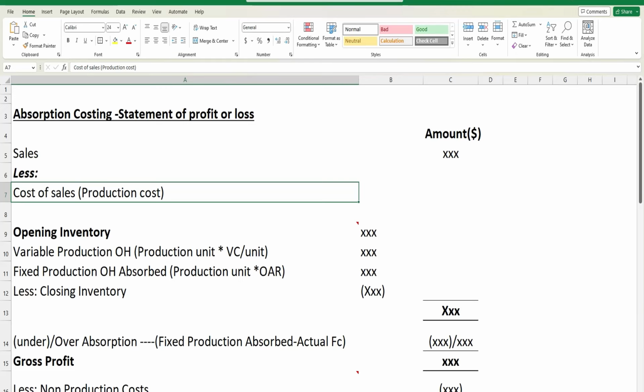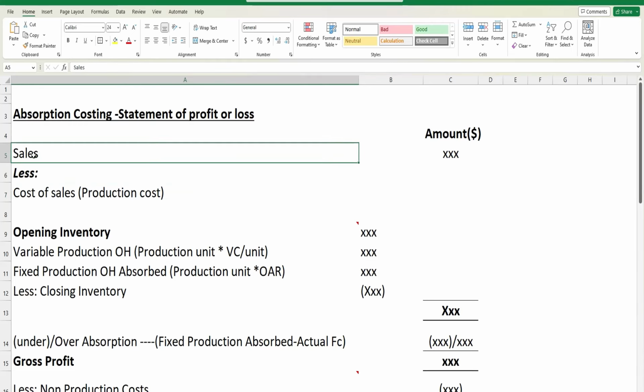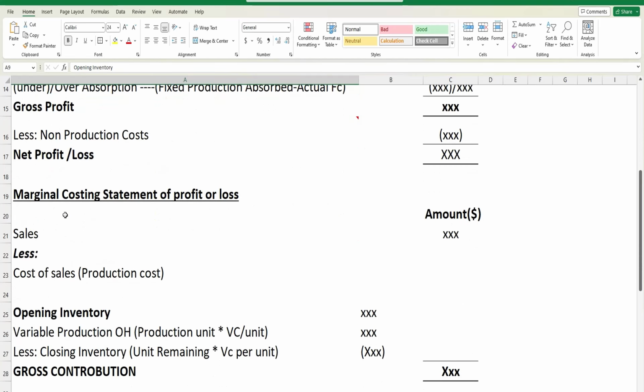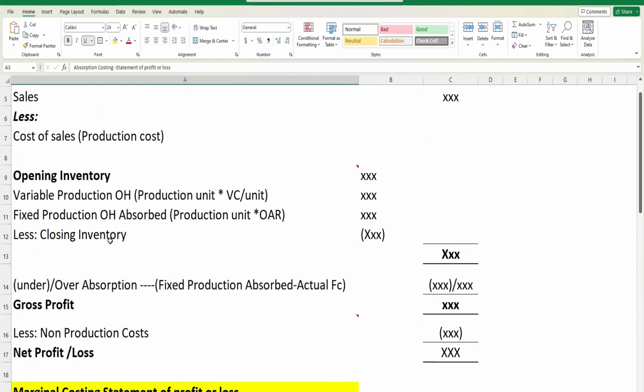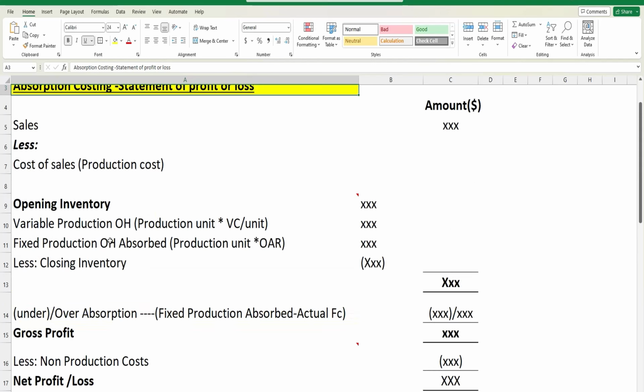So basically, how will we calculate the profit if the question asks us to calculate it based on absorption costing or marginal costing? It's a very common and frequently asked question. So let's start. First of all, we will take the sales in both cases.